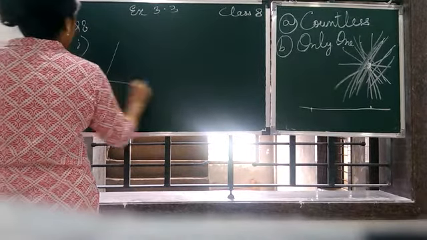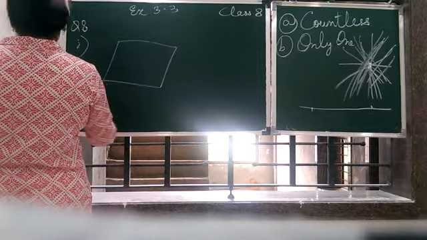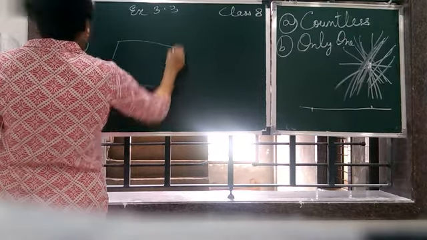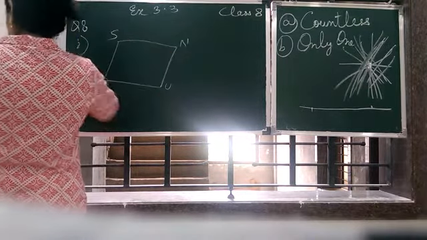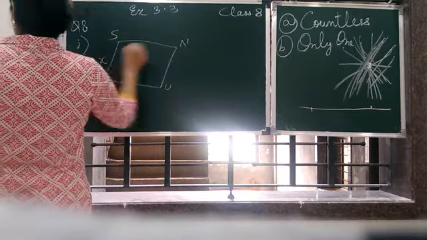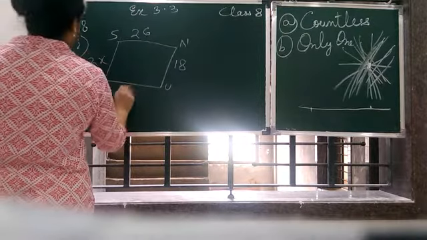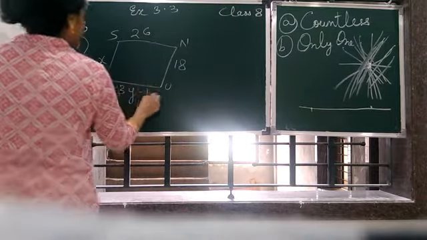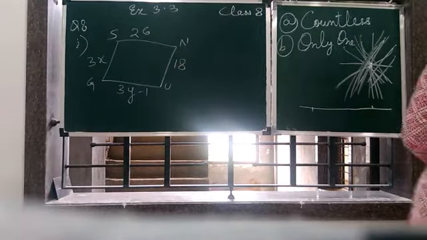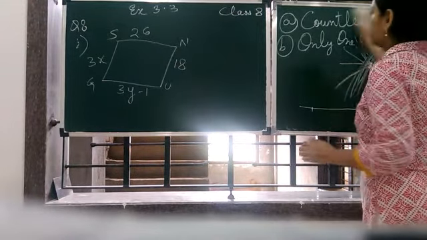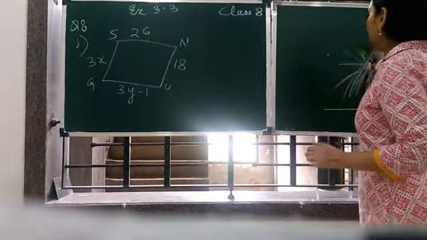Let me make the diagram. These are the two sides and these are the two sides. Now, this is a parallelogram. We have studied the property of the parallelogram. What is the property? The property of the parallelogram says that opposite sides are equal.